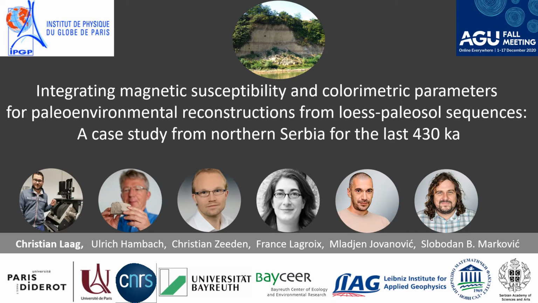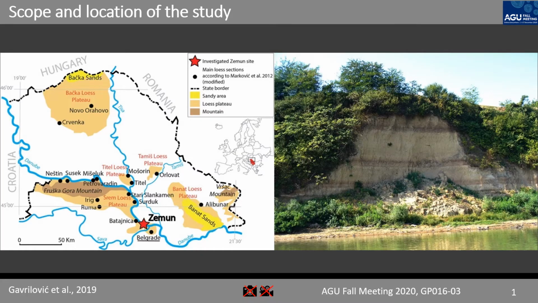Today we will talk about the integration of magnetic susceptibility and colorimetric parameters for loess-paleosol sequences from northern Serbia. You can see on the left side of this slide an overview map, indicated with the red arrow, of the region where we focus today.